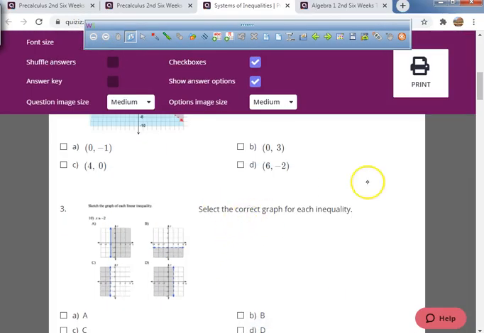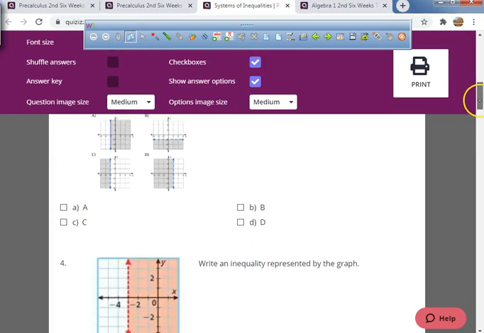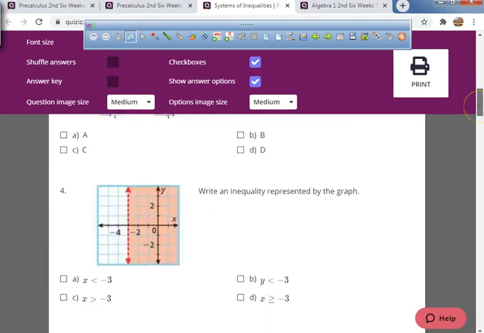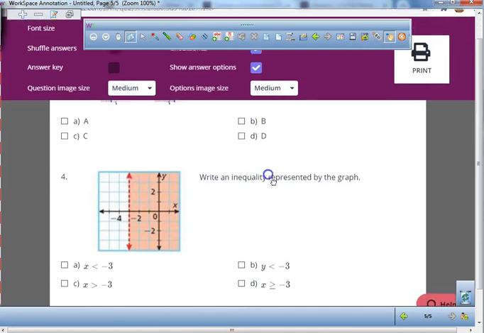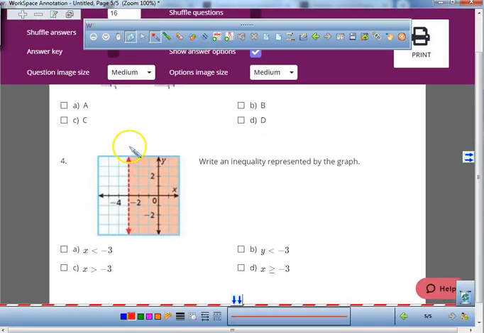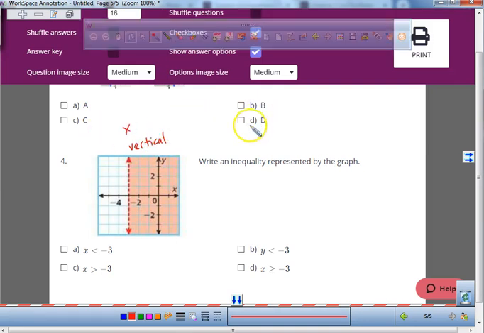Okay. All right, moving down. You guys probably can see this one. By the way, you don't have to draw this. We'll just do this together. What do we know about this? Automatically, we know what type of line it is. It's vertical. So if it's vertical, you know it's always going to be x is something, right? So technically, if it was a solid line, it would be x is equal to -3 if it was solid.